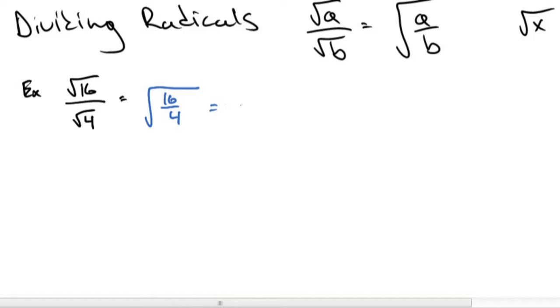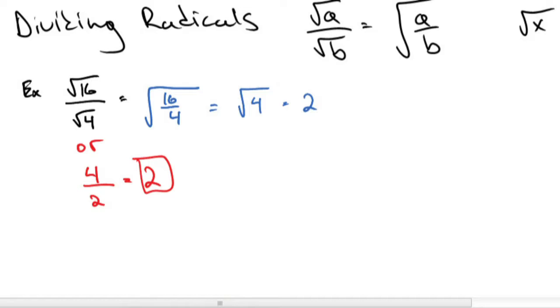And 16 divided by 4 gives me the square root of 4, which is 2. So I could do it that way if I wanted, or I could say, okay, the square root of 16 is 4, the square root of 4 is 2, 4 divided by 2 is equal to 2.